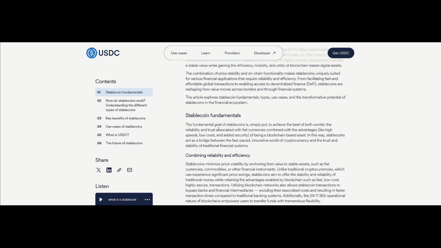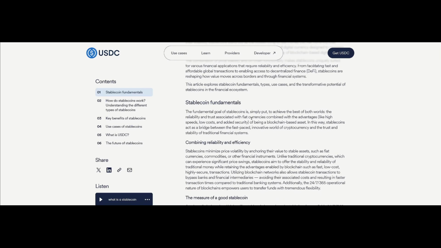All right, the fundamental goal of stablecoins is, simply put, to achieve the best of both worlds. The reliability and trust associated with fiat currencies combined with the advantages like high speed, low cost, and added security of being a blockchain-based asset. In this way, stablecoins act as a bridge between the fast-paced, innovative world of cryptocurrency and the trust and stability of traditional financial systems.